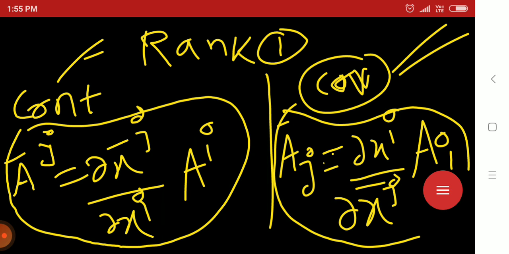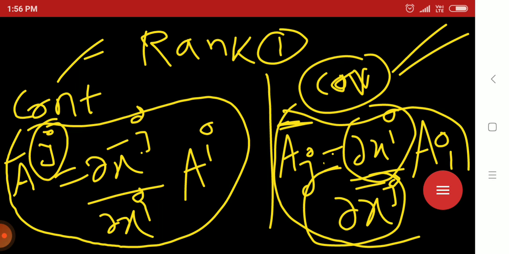So when we are writing a contravariant tensor, the index is at the upper power portion, and x̄ is in the numerator and x is in the denominator, when we are converting x to x̄. But when converting x to x̄ for covariant formulation, ∂x^i is here, ∂x̄^j is here, but most importantly these indices are in the below portion.